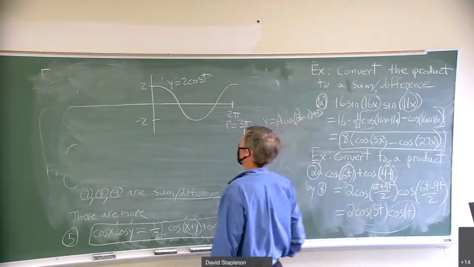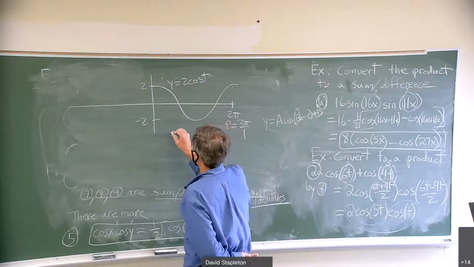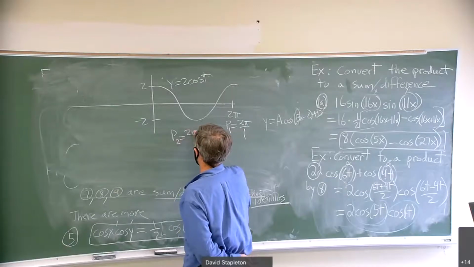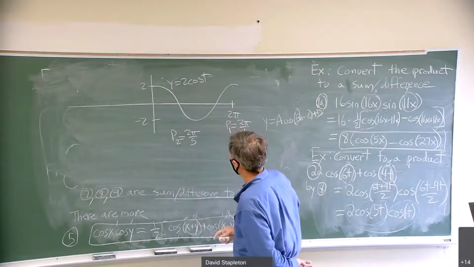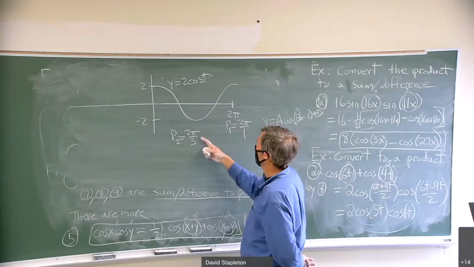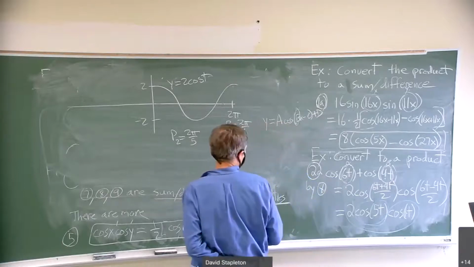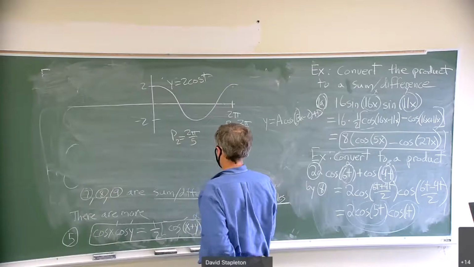This one, the period is 2 pi over 5. So the period of the other cosine is 2 pi over 5. That's only 2/5 of pi, so there are 2.5 periods of this cosine 5t. That's 5 periods of this one for every period of the other one.